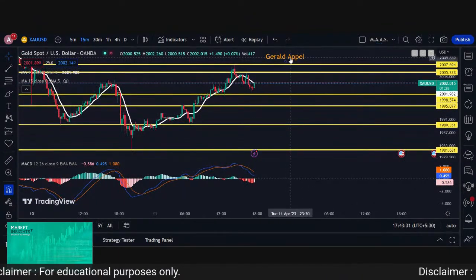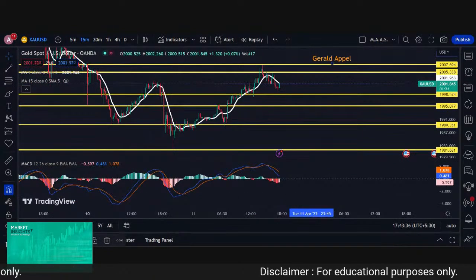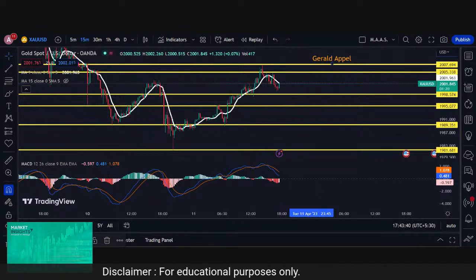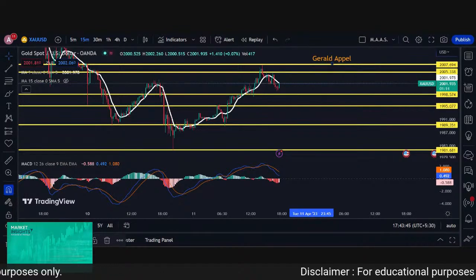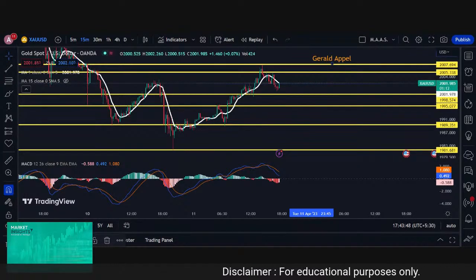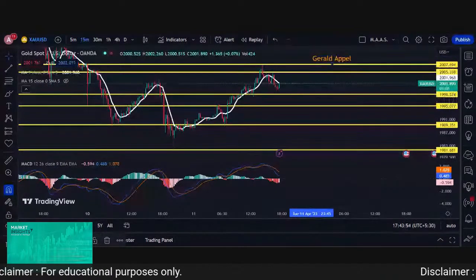So kudos to Gerald Appel, who invented this indicator, and it has now become a staple of many traders' strategies. It is not just a momentum indicator, but a lot of times it gives us amazing insights into the price action. This is the scenario.